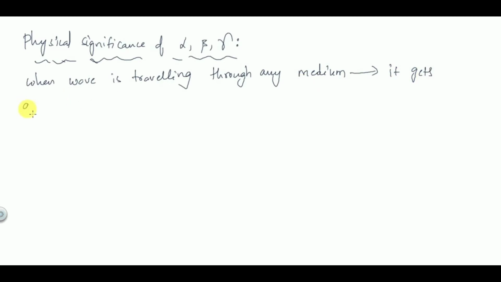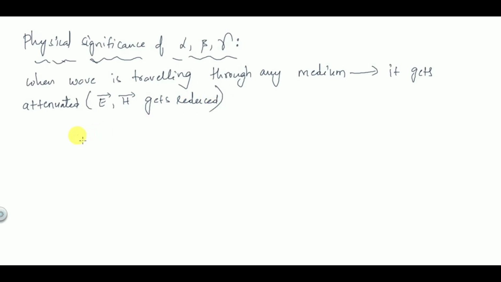It is an observed phenomenon. What is attenuation? The electric field strength and magnetic field strength get reduced.